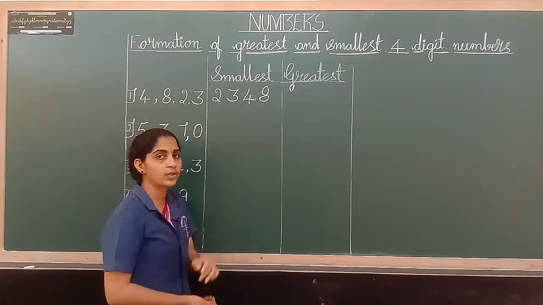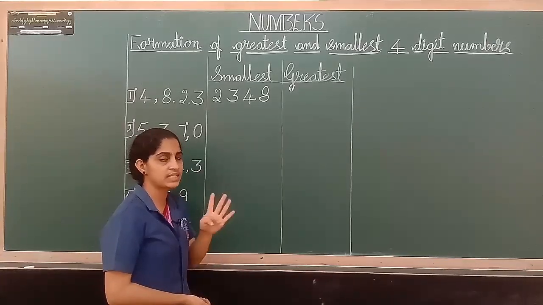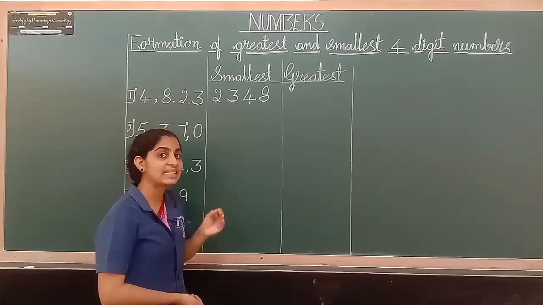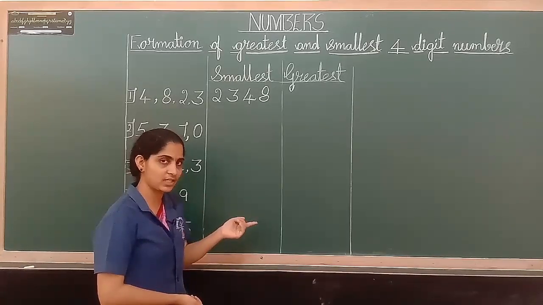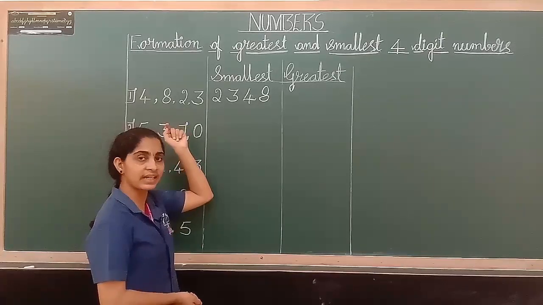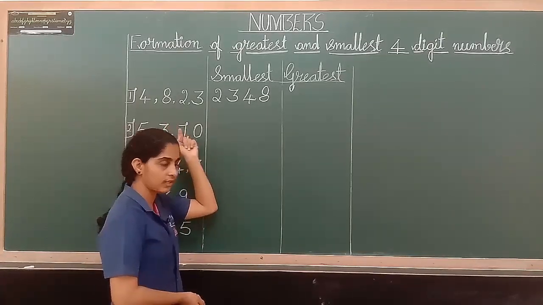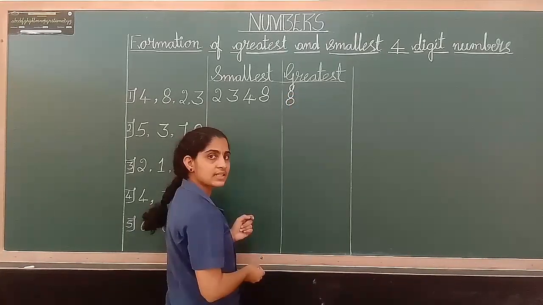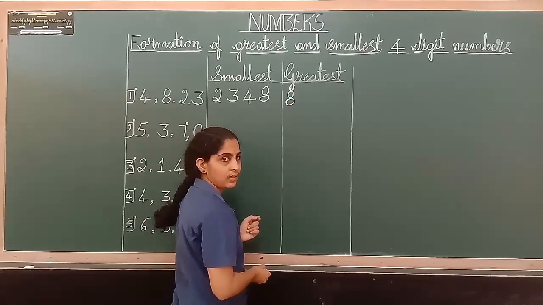Now let us find out the greatest 4-digit number. For that, what we have to do? We have to arrange the digits from greater to smaller. Let us write. So which is the greater digit here? Good. 8 is the greater digit. Which digit comes next?